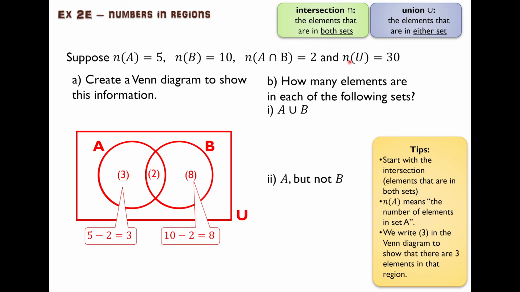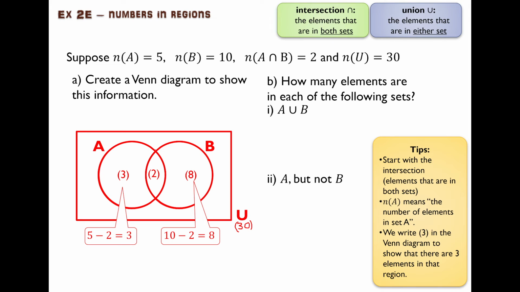Finally, the number of elements in the universe is 30. So we want to figure out how many are in the outside. They're not in A and they're also not in B. Well, we know that there are 30 elements in the whole universe, minus 3, minus 2, minus 8.